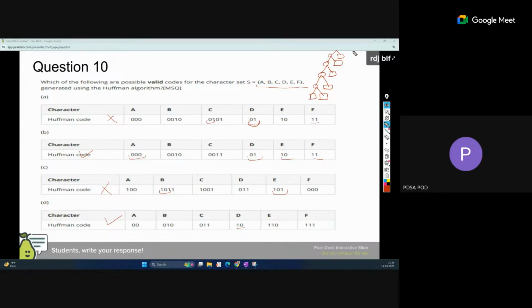In this case the maximum possible length is 5. So a code of length 6 is not possible. If any code has that bit length, it is not possible. That is also one check.